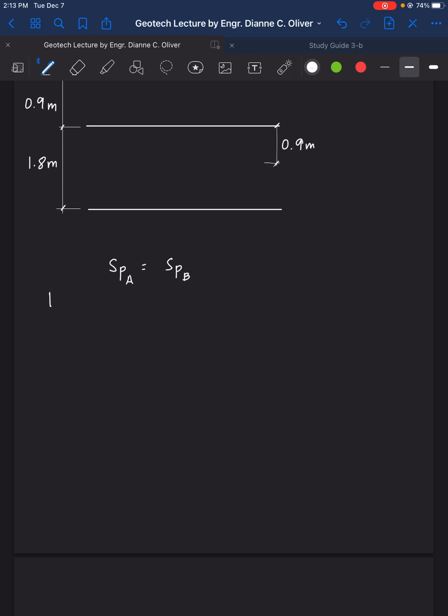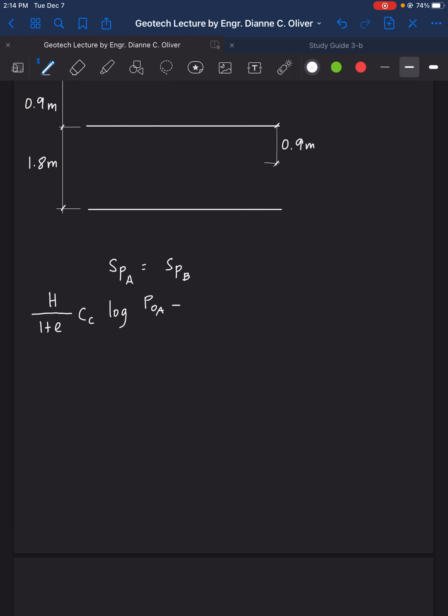It should be H of the clay layer. So they have the same clay layer, 1 plus E. They have the same E. Remember, they have the same clay layer concerned. Then they have the same CC, log of P sub OA.